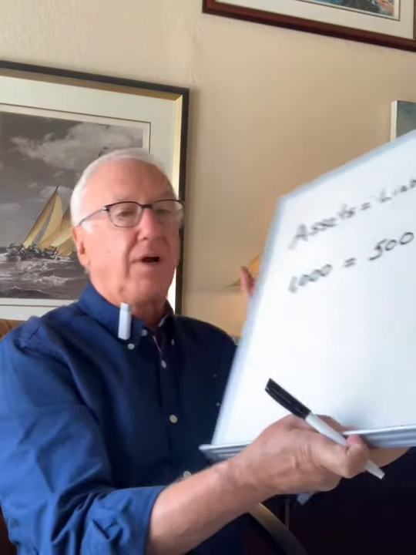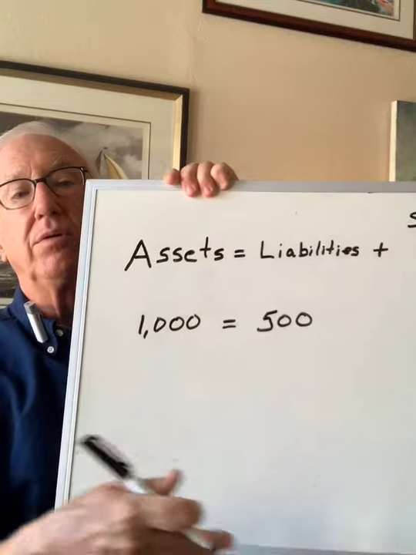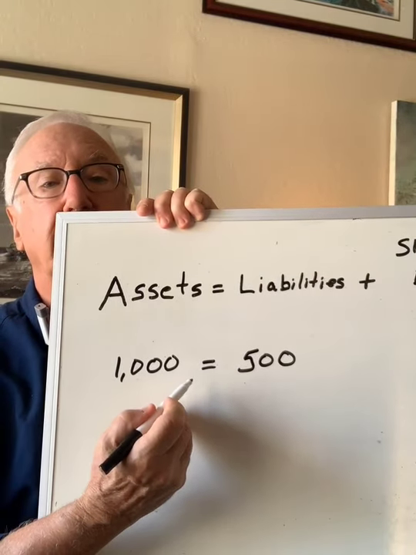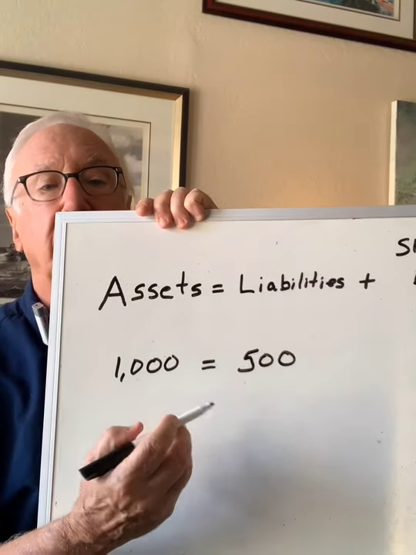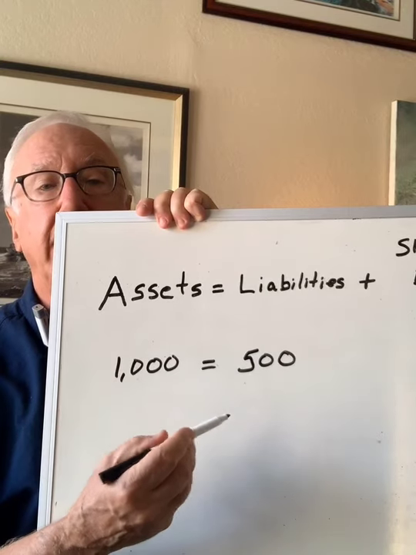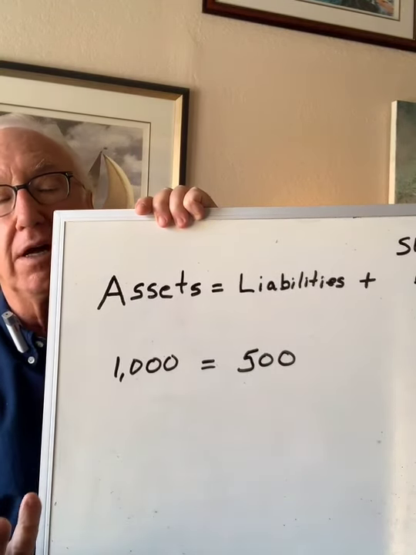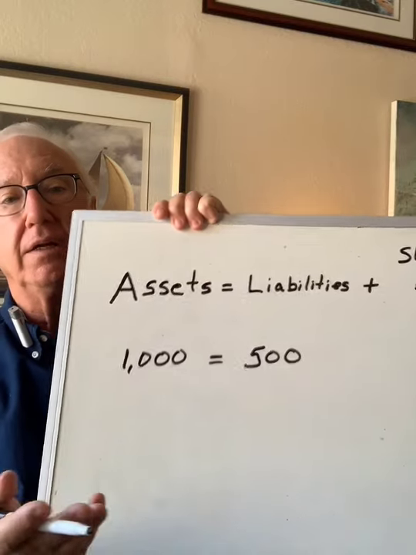Okay, so I'll show you how this works. Let's say we have $1,000 in assets equals $500 in liabilities, right? Well, no, not right, because we got this little equal sign here. What does that mean? That means $1,000 equals $500, and we all know that that is not true, correct? So how do we make that equation work?